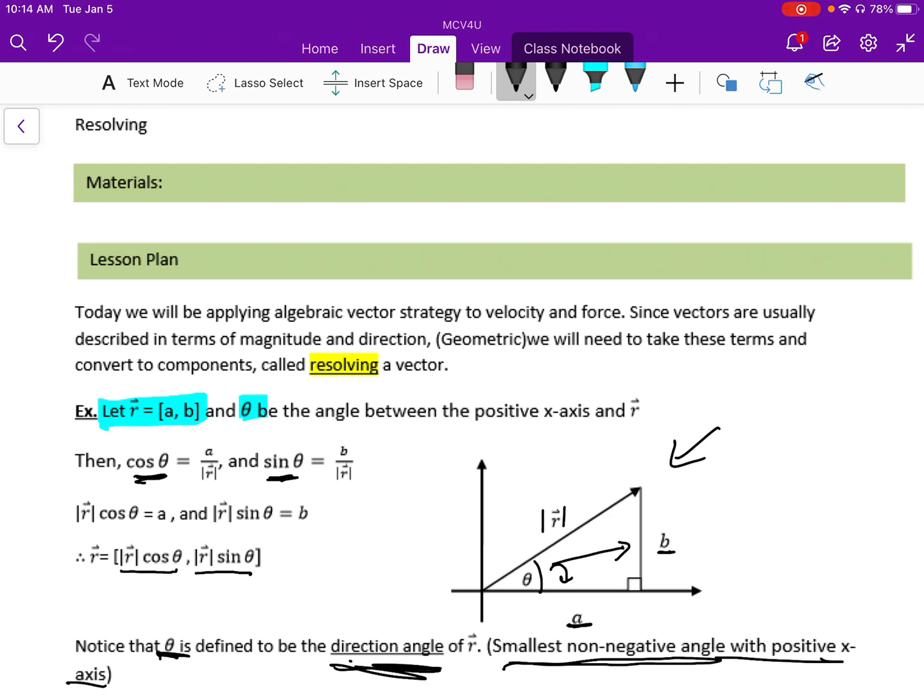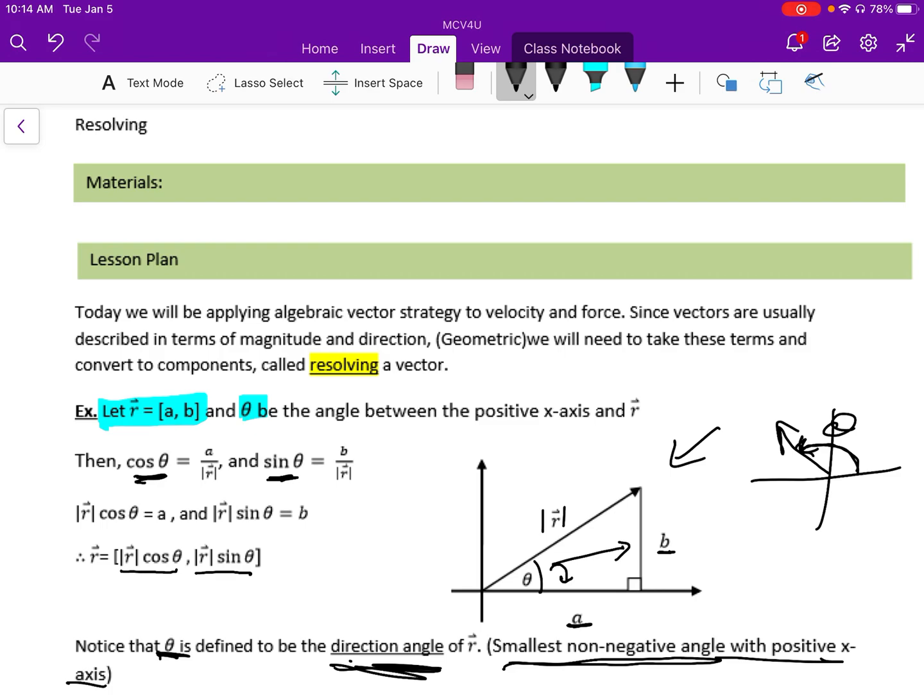If we're looking at a vector in the second quadrant, we deal with theta as it is. We don't worry about the related acute angle and which signs have to be negative or positive. If we get the full angle, maybe 120 degrees or whatever it is, then our calculator will give us the negatives and positives that we need.